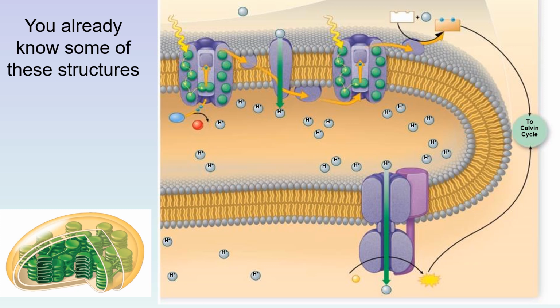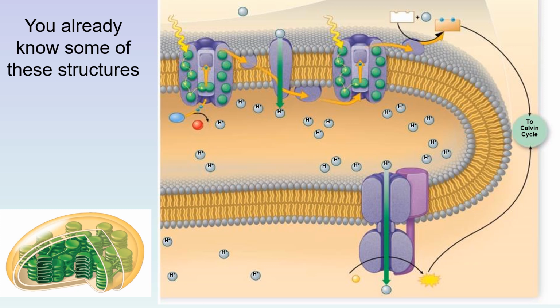It surrounds those stacks of coins called grana in a chloroplast. The thylakoid membrane separates the inner thylakoid space, like the inside of a coin, from the stroma of the chloroplast, which is just kind of like what's in the inner membrane.